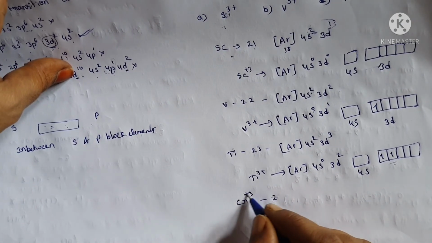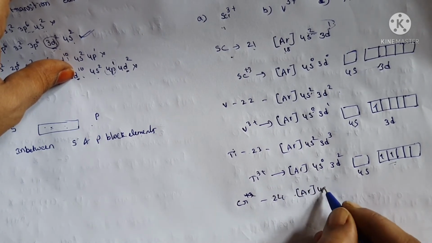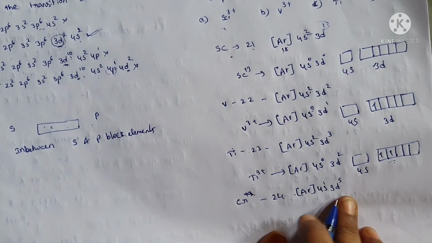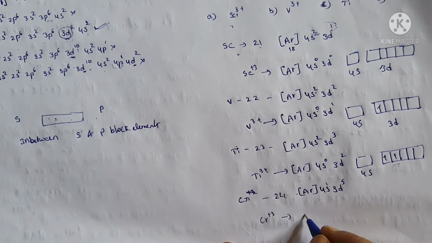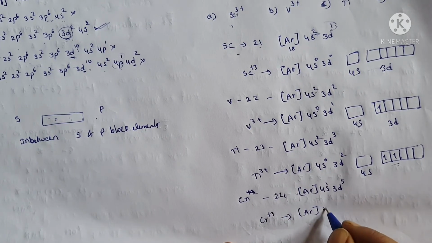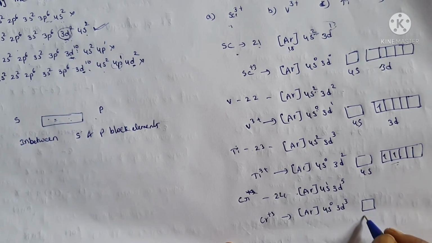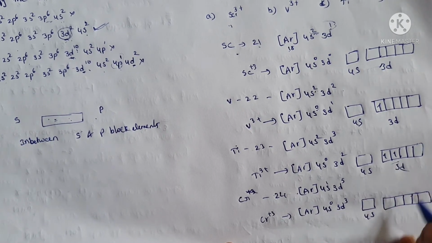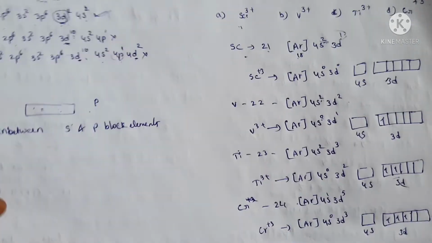Chromium is 24, argon 4s1 3d5. Here is the exception for chromium, the electronic configuration is like this. And chromium plus 3 means argon 4s0 3d3.